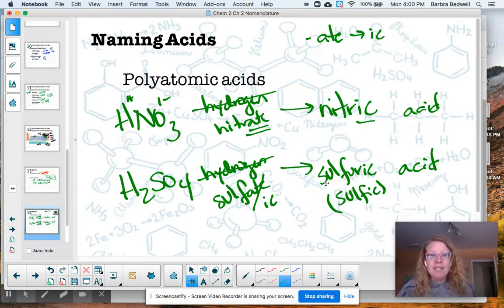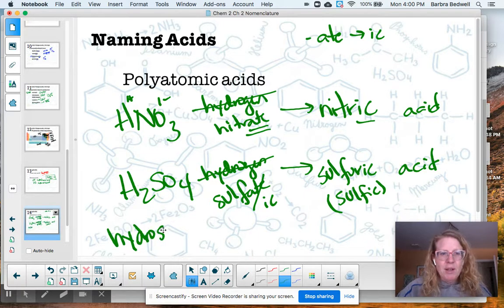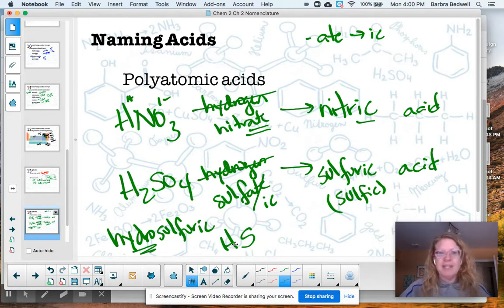Now keep in mind, this is different than hydrosulfuric acid. Hydrosulfuric acid, H-Y-D-R-O-S-U-L-F-U-R-I-C. As soon as we put hydro on the front, that means it's binary. So that means it's H and S. No oxygen present. This is what makes it super confusing. Sulfuric acid is a polyatomic. Hydrosulfuric is binary. Again, the word hydro means it's binary.